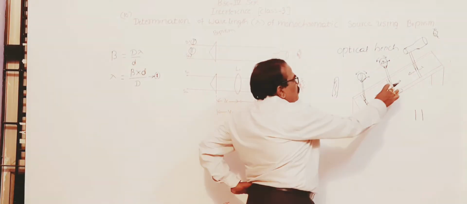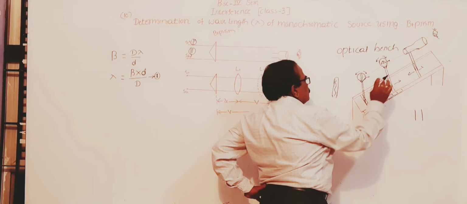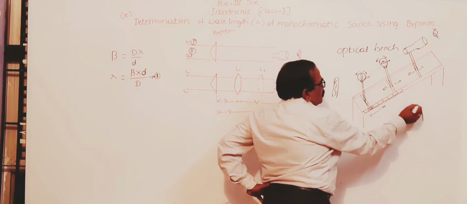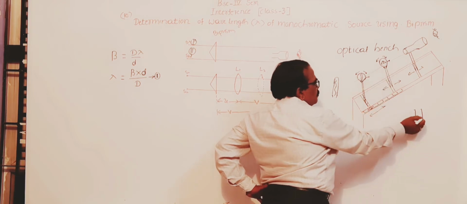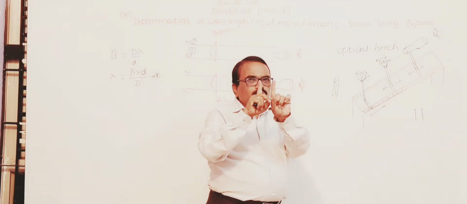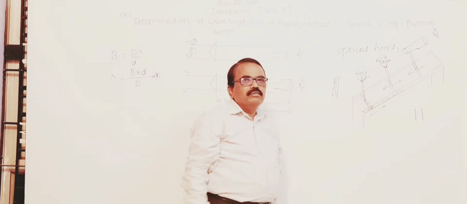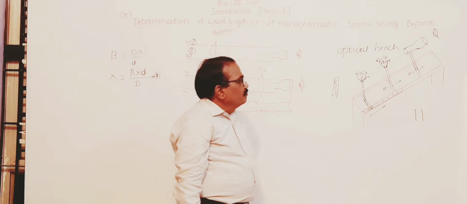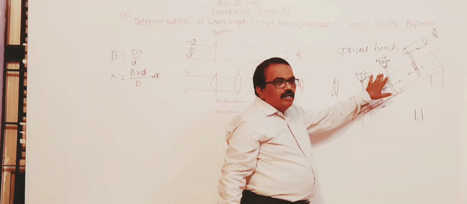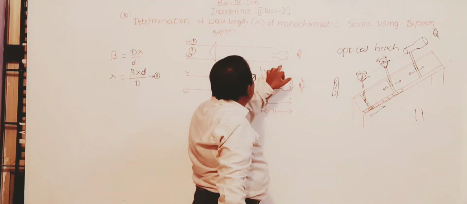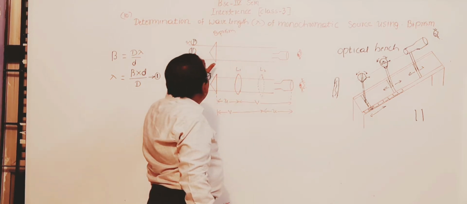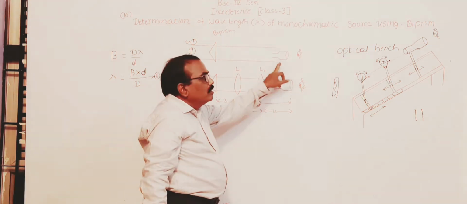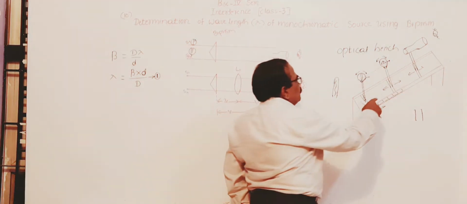Then if you go on moving this biprism, at a particular position of the biprism, you are going to get two images of the slit of equal brightness. Then keep this as it is, the slit, biprism and eyepiece, and fix this position.